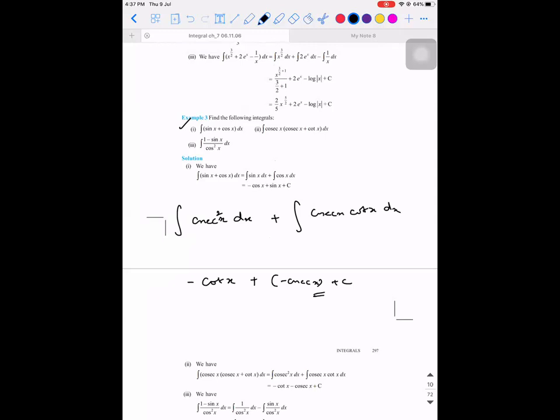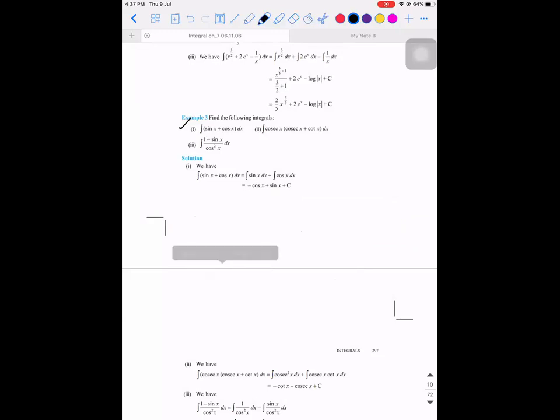Okay. So 1 minus sin x divided by cos square x. Sir, can we separate it? You can separate it.